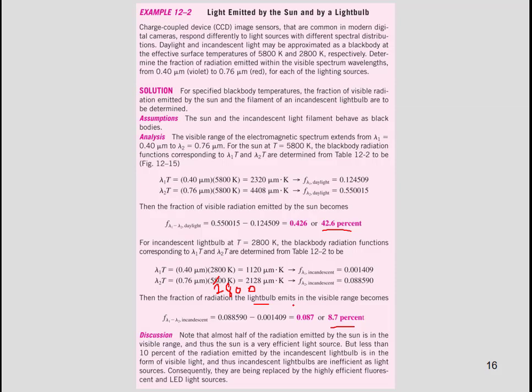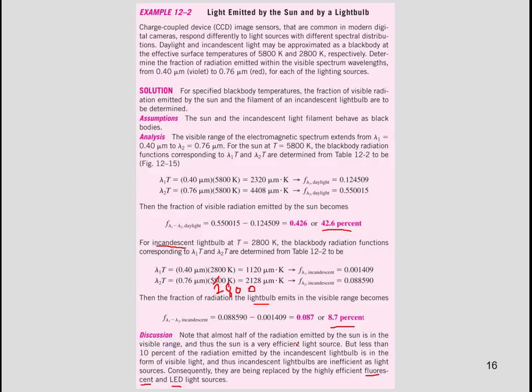So this kind of light source, the incandescent light bulb, is now substituted by LEDs or fluorescent light bulbs, which are more efficient, and their fraction of visible radiation is much higher compared to these incandescent light bulbs.